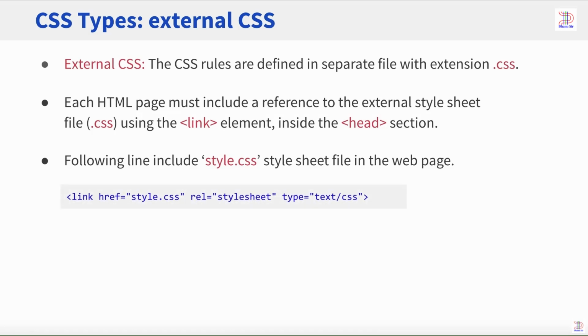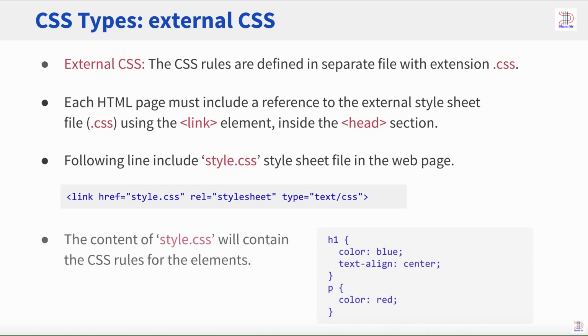Link href equal to style.css, rel equals to stylesheet, and then type equals to text/css. The content of style.css will contain the CSS rules for the elements, and it looks as seen on the right side.